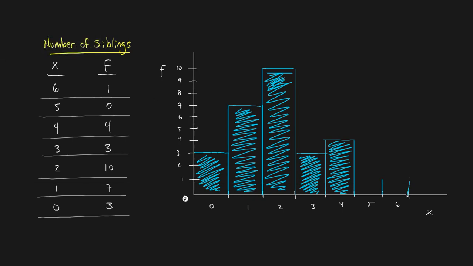Now, they do tell you that you're not supposed to have spaces in between your categories. But something like this is not really a space. There were 0 people in our survey with 5 siblings.